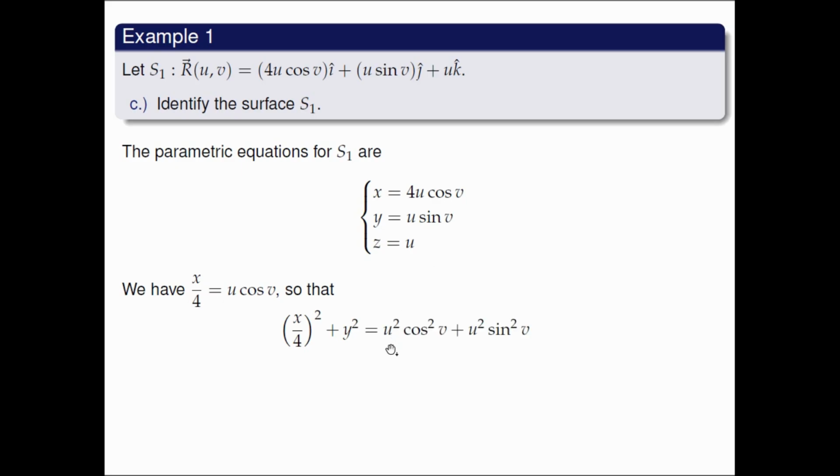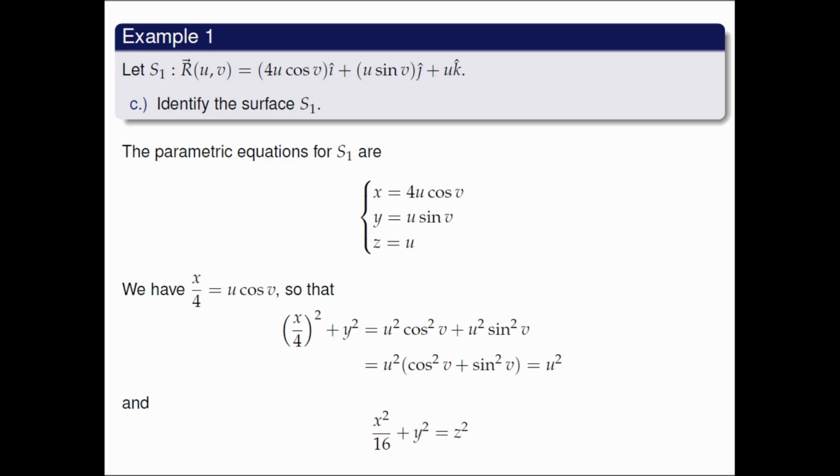This is equal to this part. Factor out u squared, we get this. But since cosine squared v plus sine squared v equals 1, then this is equal to u squared. Pero yung u equals z, so this u squared equals z squared. And then this left hand side is equal to x squared over 16 plus y squared.